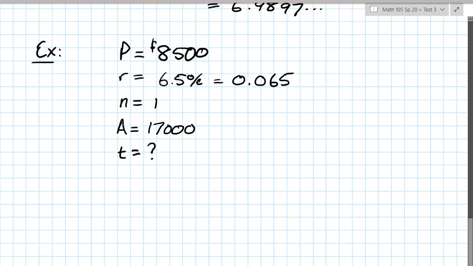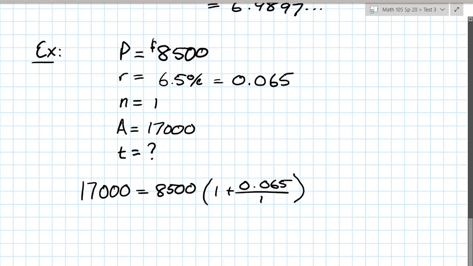So if we put our equation together in our compound interest equation, we have 17,000 is equal to 8,500 times 1 plus 0.065 divided by 1 to the 1 times t.